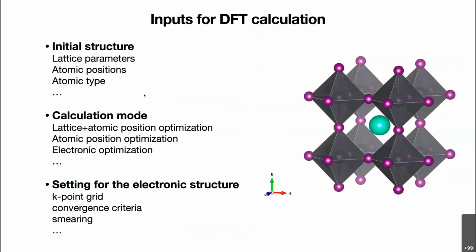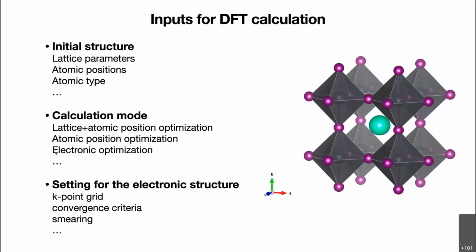So these would be the inputs for DFT calculations. You have to provide your system, such as the lattice parameters, atomic positions, and atomic types, or which atoms you are looking at, and you also have to choose the calculation mode. If you want to get optimized lattice and atomic positions, you can choose this mode. If you only need optimized atomic positions, you can choose this one.